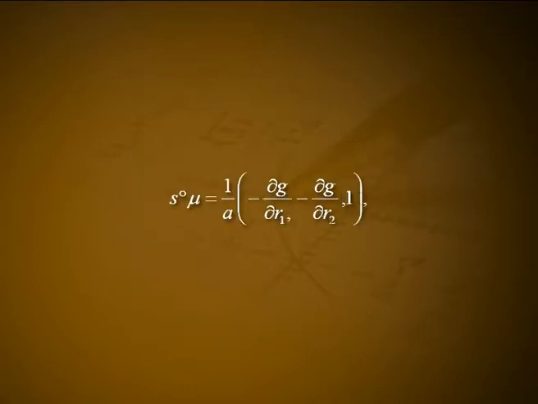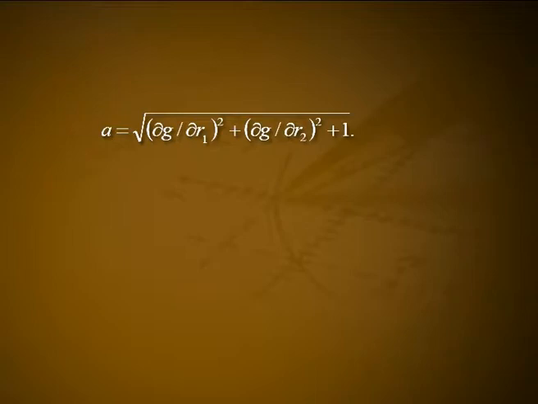That is, S composite mu is equal to 1 by a into (minus dou g by dou r1, minus dou g by dou r2, 1), where a is equal to the square root of (dou g by dou r1) whole squared plus (dou g by dou r2) whole squared plus 1.